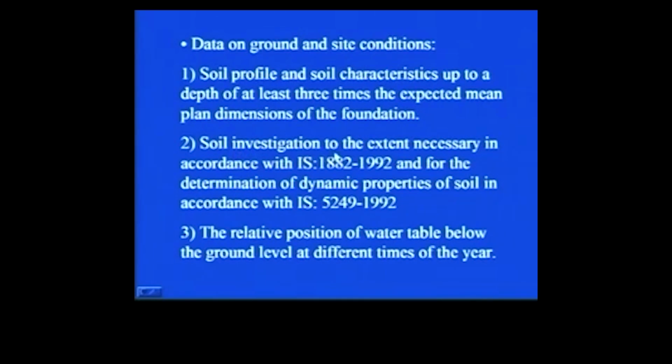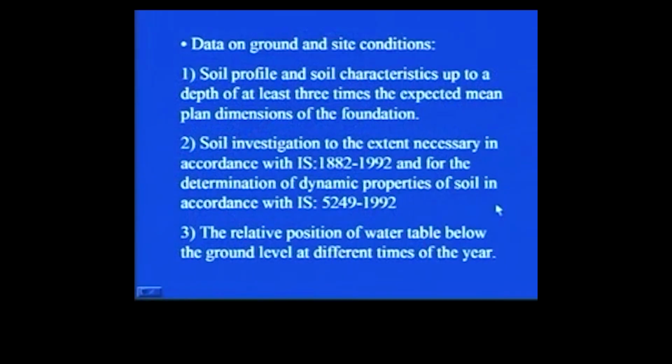Then soil investigation to the extent necessary in accordance with IS 1882-1992 and for the determination of dynamic properties of soil in accordance with IS 5249-1992. So, whatever is the extent that we need to go for, like if we take a 2 by 2 size foundation, then beneath the foundation 6 meter strata.